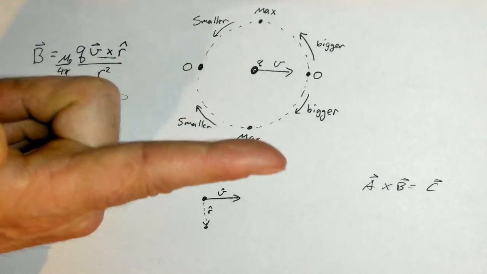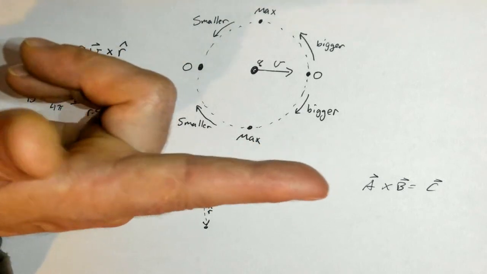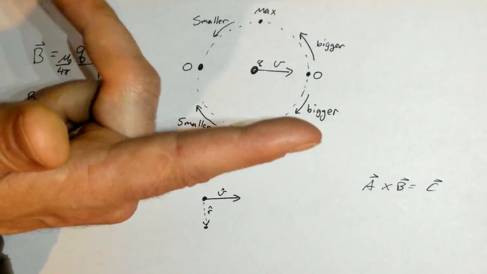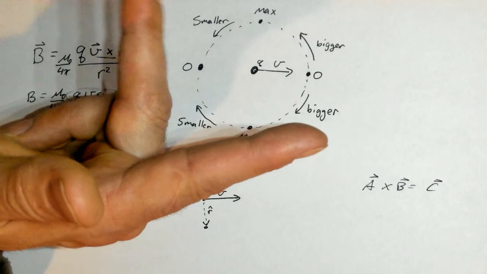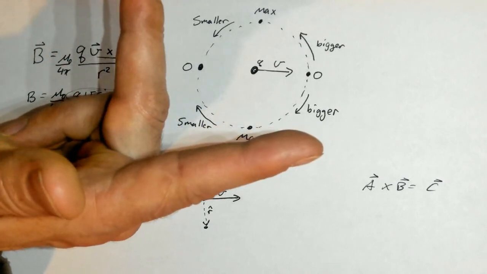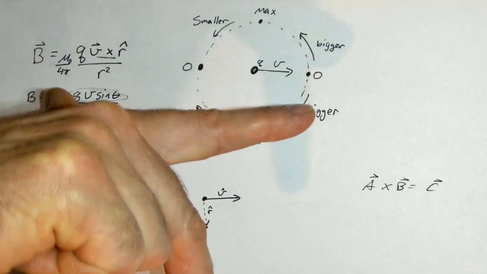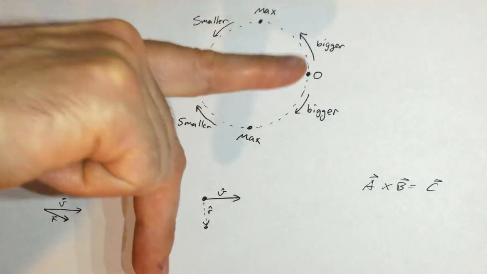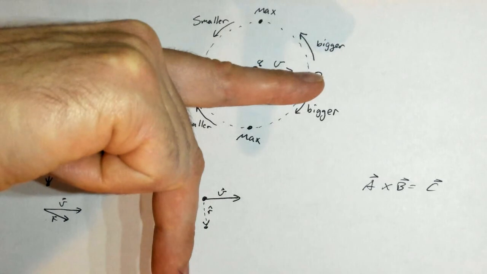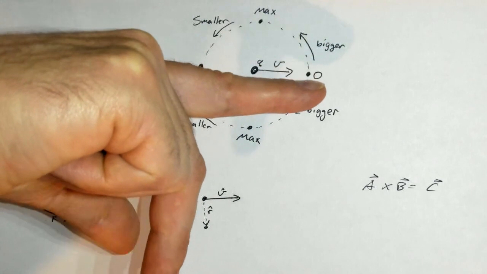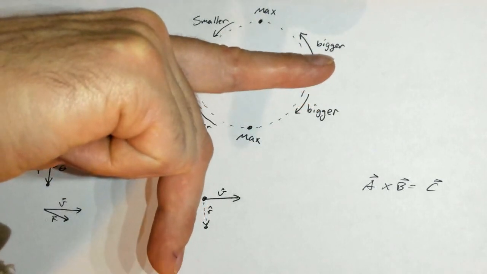Okay, so I take my finger, and I point it in that direction, and then I need to rotate my wrist so that this finger that I'm wiggling is pointing in the direction of R, which means I have to rotate around. So now B is that way, R is that way, and you can't see my thumb, but it's below. It's pointing into the page.